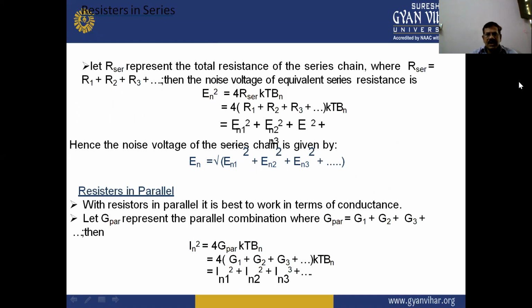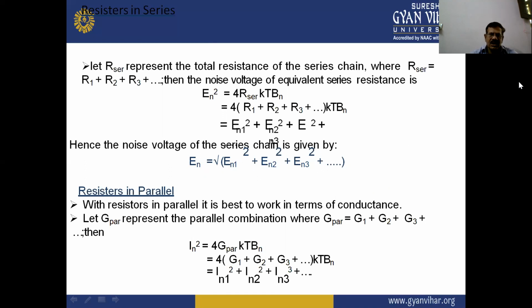Then the noise voltage of the equivalent series resistance is En square equals 4RKTBN, and putting in the value of the series resistance, this will be equal to 4 times (R1 plus R2 plus R3 and so on) KTBN.